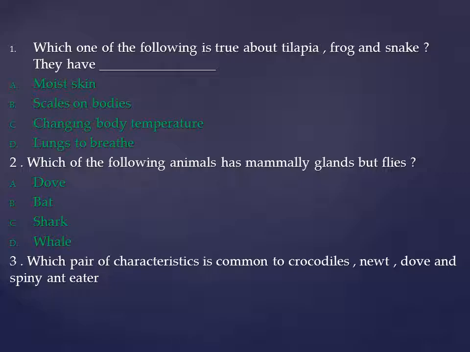The 4 animals are the crocodile, the newt, dove, and the spiny anteater. Another point, they all lay eggs and breathe by means of lungs. So that brings us to choice A.